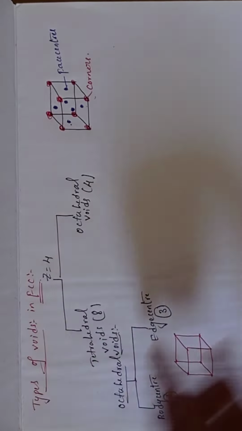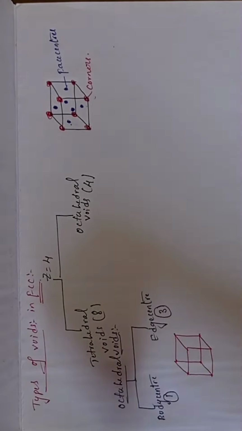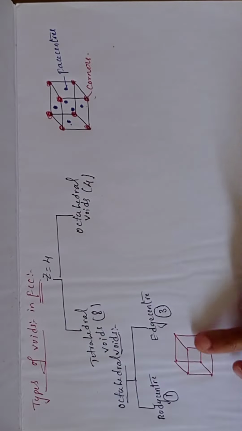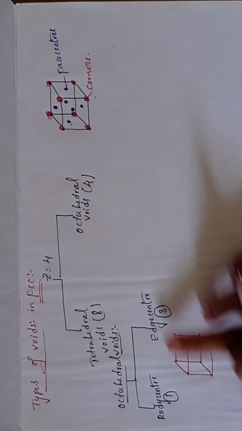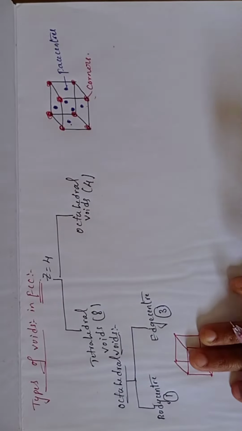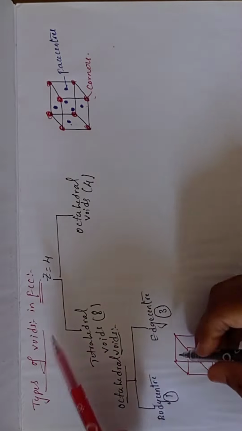Okay, this is the unit cell. Now see, students, this is the unit cell. So here in the unit cell, what will be there, students? Total corners will be there, face center particles will be there. Now I am taking only the face center particles, students. Now see, where are the face center particles?